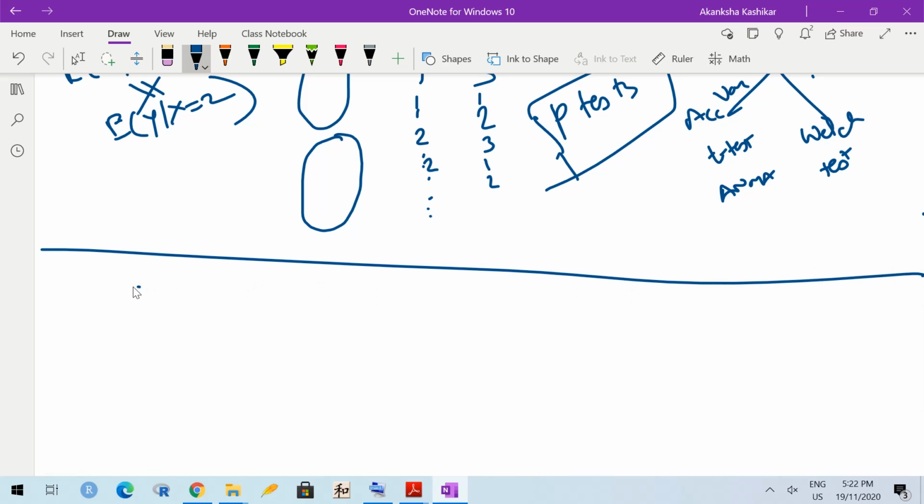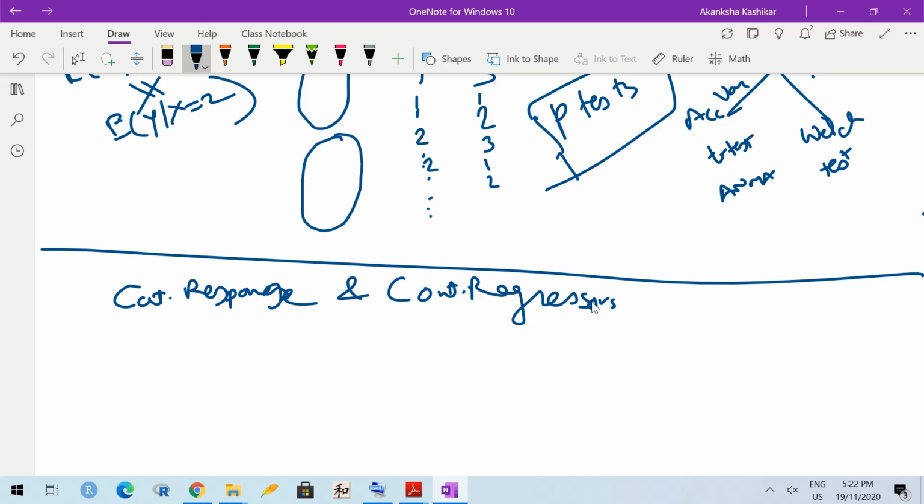If I have a categorical response and continuous regressors, what I can do is try something like logistic regression, but I would do an individual logistic regression for each variable, and I will see which variables have a significant role in predicting the response. So logistic regression can work.